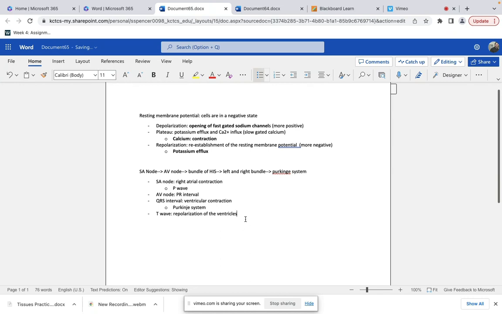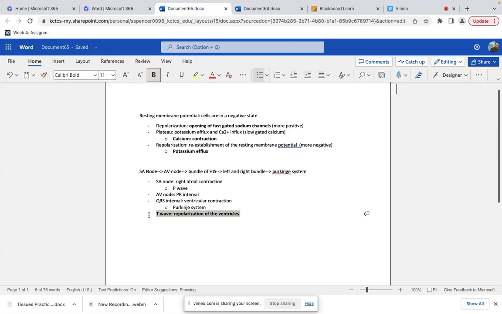So for our purposes, knowing these, we talked about these in class. I told you to write them down. And I think that, again, they're going to continue to be important. Knowing the SA node, knowing that it's responsible for right atrial contraction, knowing it's represented by the P wave on ECG reading. Knowing the AV node, not really essentially important for us in terms of tracings.